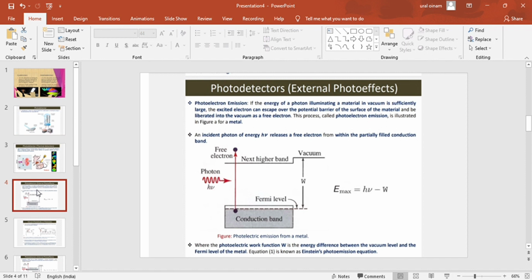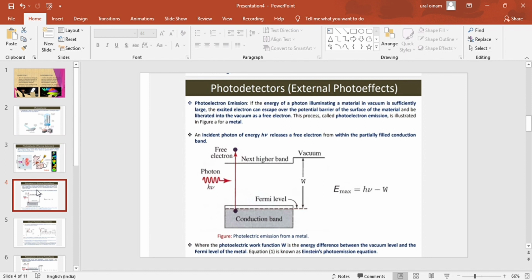But in the case of the external photoeffect, the energy that is absorbed gives so much energy to the electron in the conduction band that it jumps out of the material. So when the electron moves out of the material itself, and we use this concept in a detector, these are known as external photodetectors.